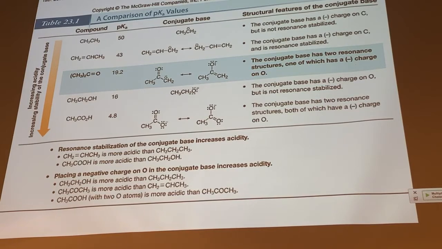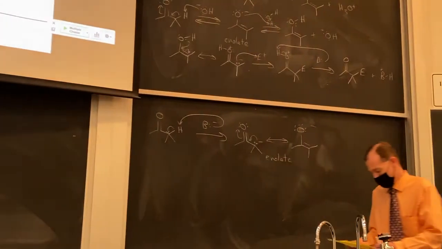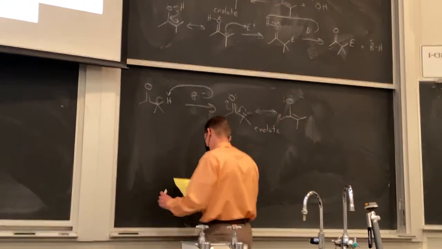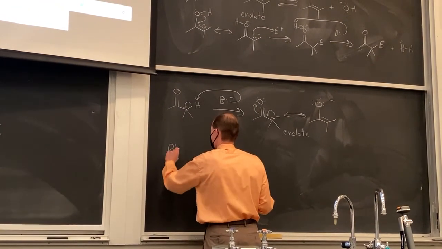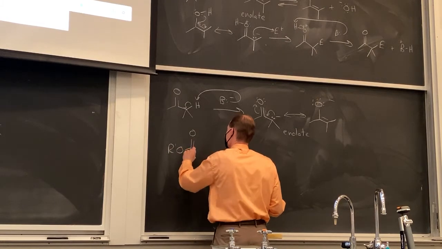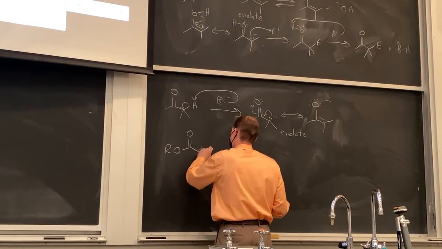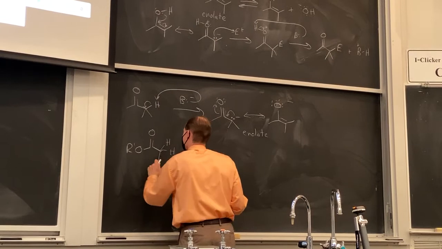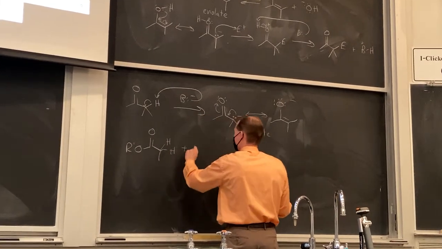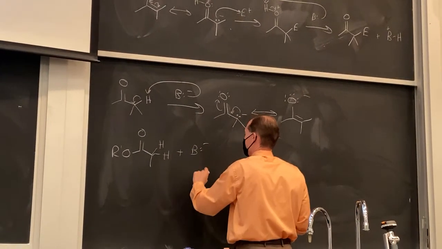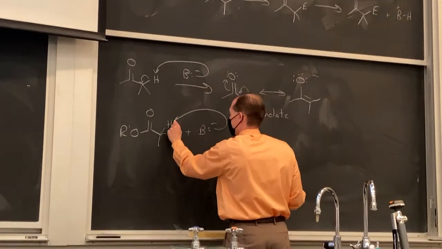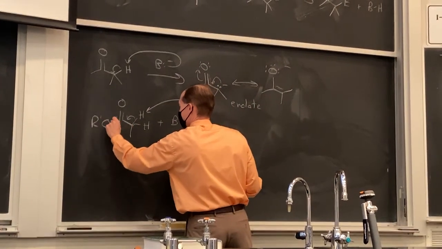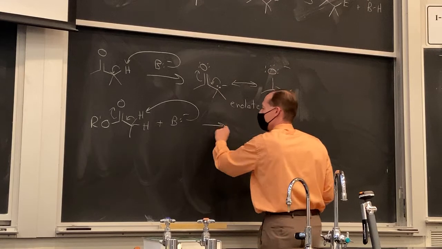We can make enolates from other types of carbonyl compounds. So let's look at those types of enolates, and let's see if those compounds would be more acidic or less acidic than ketones. So here's an ester. If we treat an ester with a strong base, we can deprotonate the alpha hydrogen.